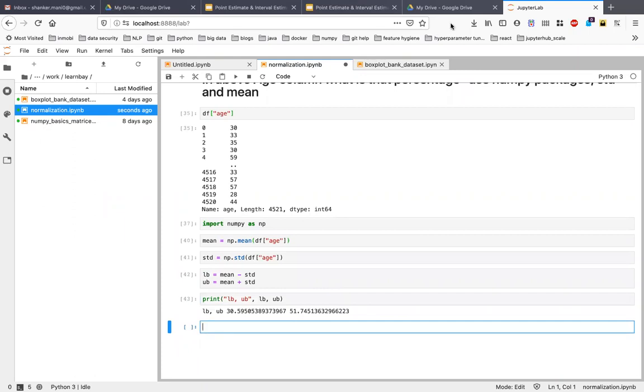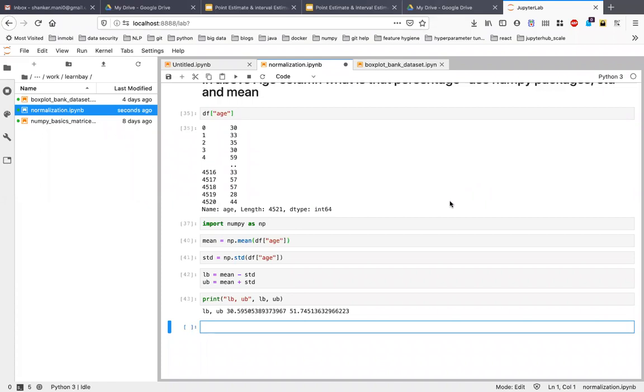Your upper bound and lower bound are wrong, Dipendra. I got this upper bound and lower bound. How much did you get? 67.529, that is correct. You took 28, I don't know how you took 28 and 44.